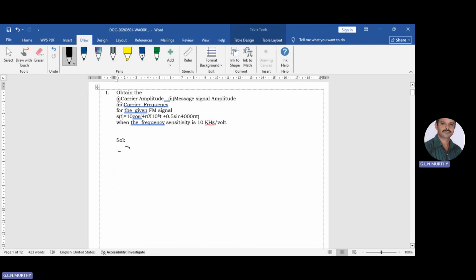He has mentioned that the given modulation scheme is FM. So what we can do immediately is write down the FM expressions which you know. One is the standard expression for FM: A_C cos(ω_C t + 2π k_f ∫m(t)dt). This is the standard expression, right?